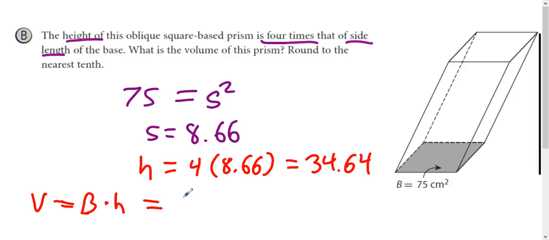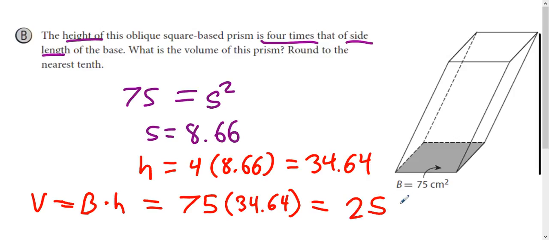You take the area of the base, 75, times the height, 34.64. That's 2,598 meters cubed.